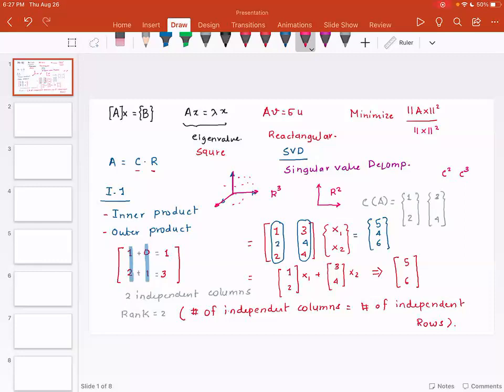Linear independent means everyone is unique, everyone is independent. There is no relationship whatsoever between the previous columns and the next column. And this concept is super duper important.